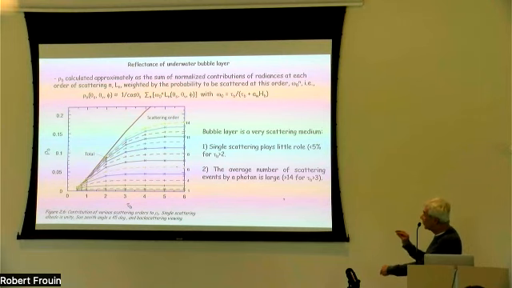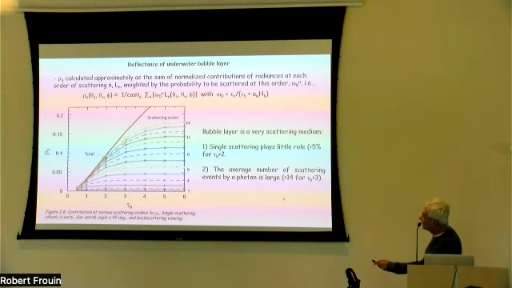And at each order of scattering, you have to weight by the probability of the photon to be scattered at this rate, right? So we end up with this kind of equation here, where the single scattering albedo is, of course, the optical thickness of the bubble divided by the optical thickness of the bubble plus the absorption by the bubble layer.